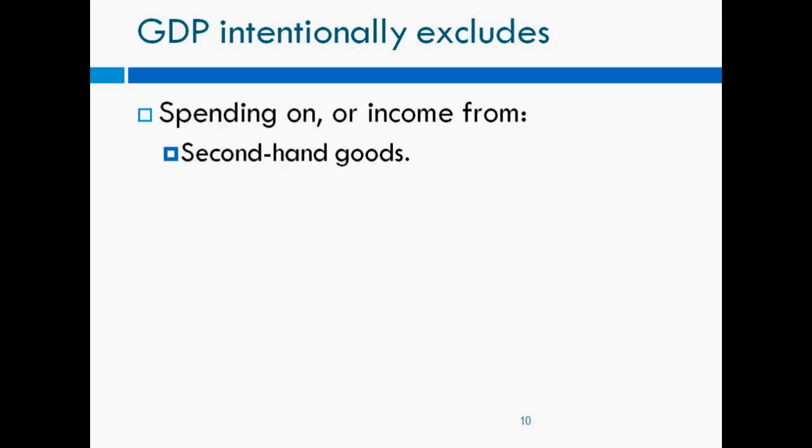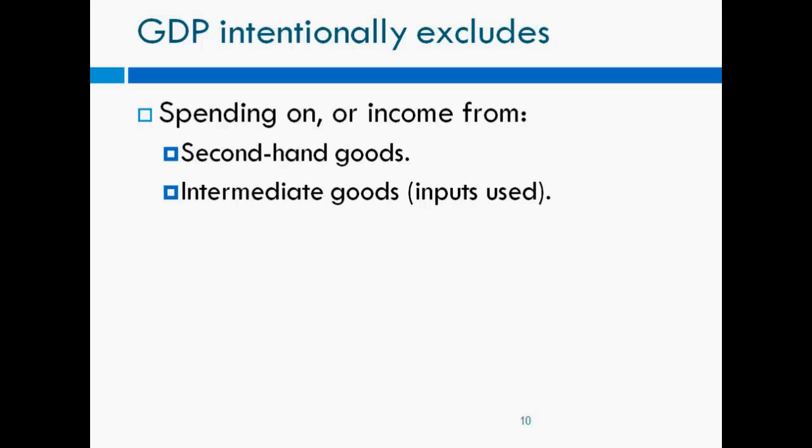Why? Because second-hand goods were not produced originally in the year in question. Second-hand goods might have been produced in 1965. We don't want to count them as being produced this year.